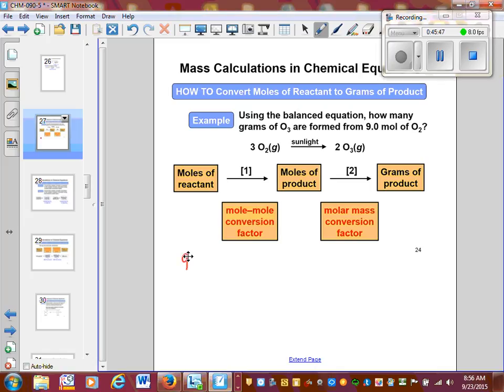You go from moles of A to moles of B. That's the next little station here, moles of B. So B is O3, so we go here. That's on top, that's where we're going. We came from moles of O2.